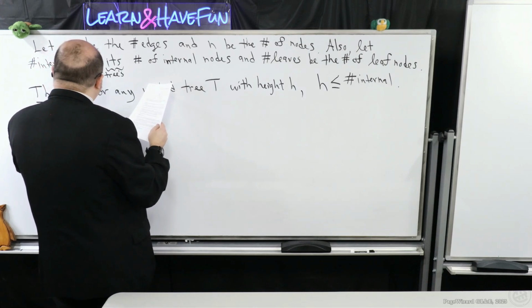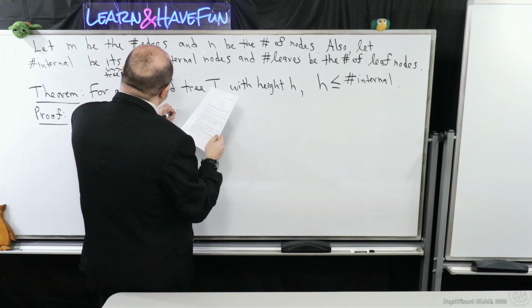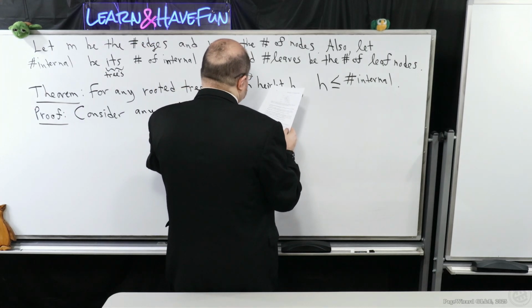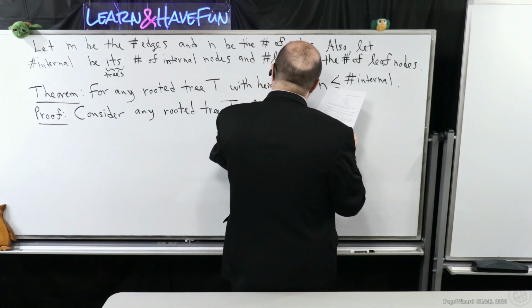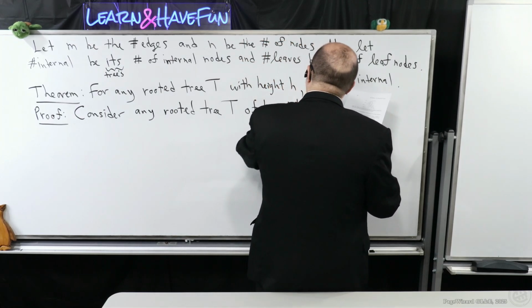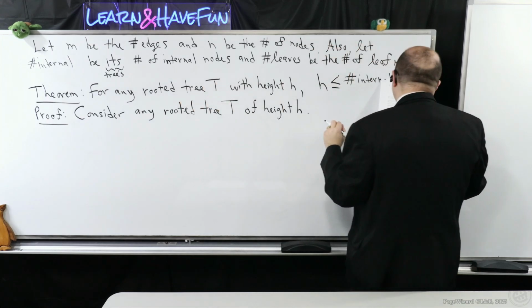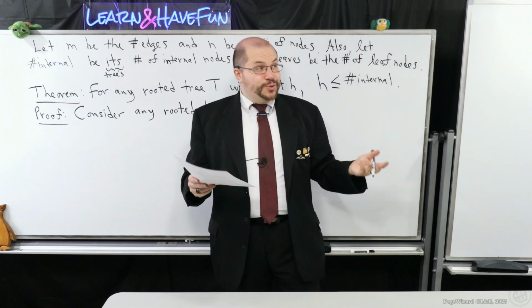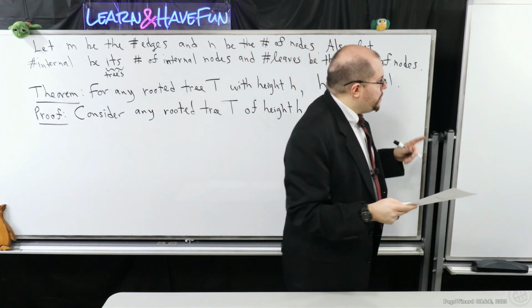So we start off with that. Consider any rooted tree T of height h. We're going to consider any such tree as listed here. Now, I'm going to do a little doodle to help us understand what this tree might look like, okay? But give me a moment.